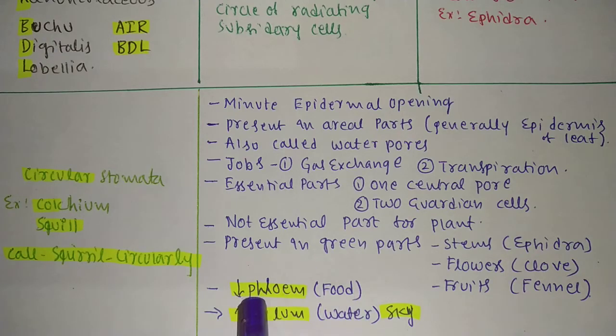Through the phloem, it supplies the food for the roots which is manufactured in the leaves. That's why I have shown the down mark. Xylem, what is the main purpose of xylem? Water. It supplies water from the roots to the leaves. You got my point? That's why see the mark.